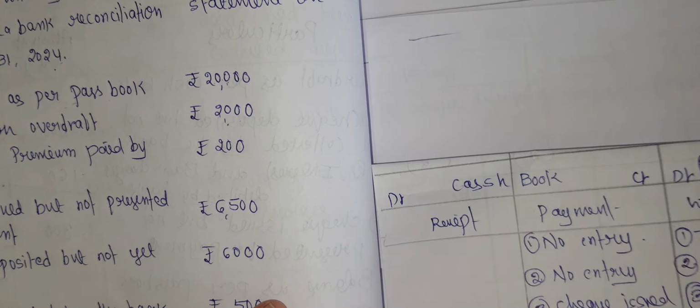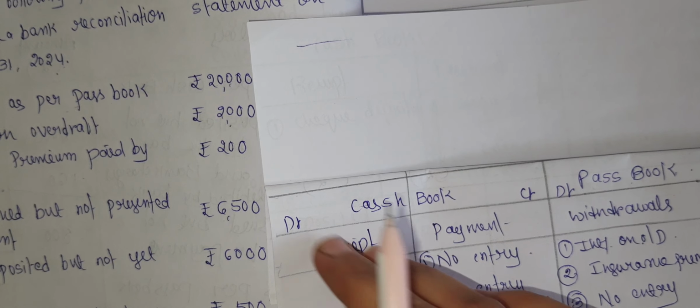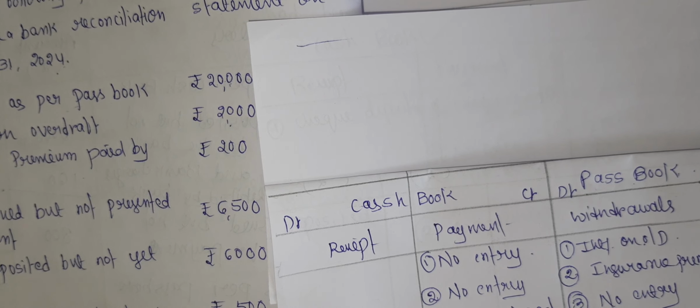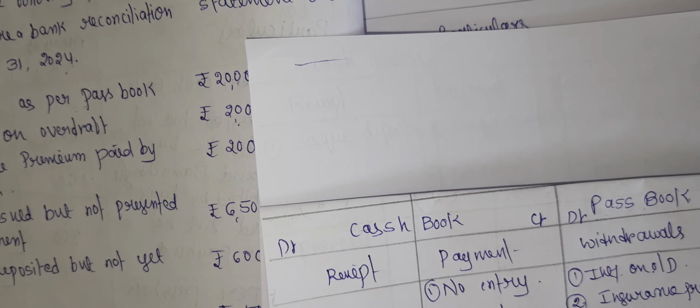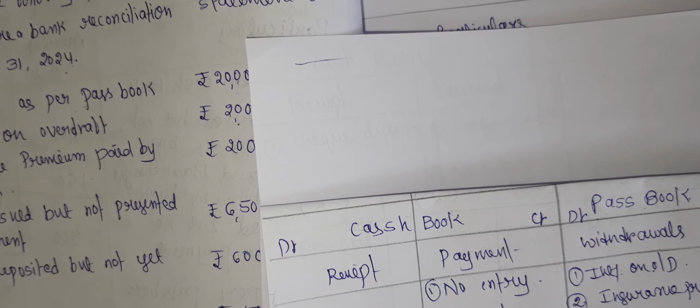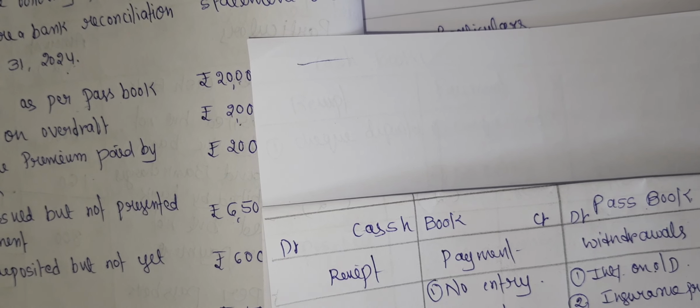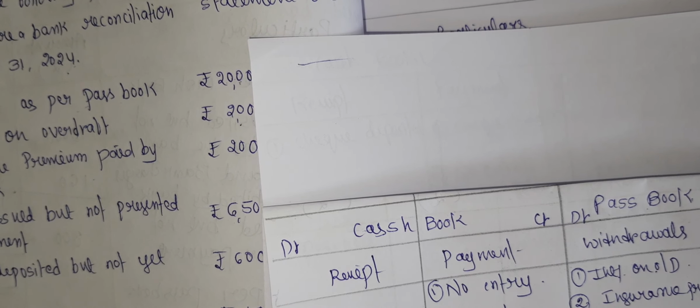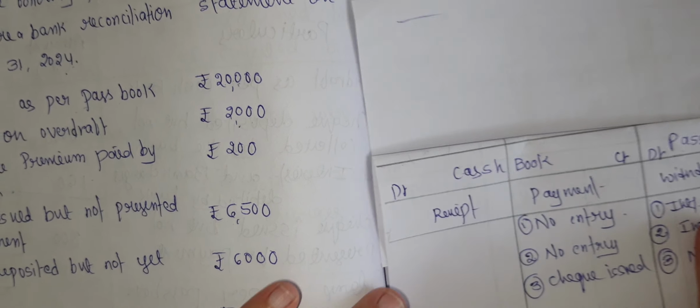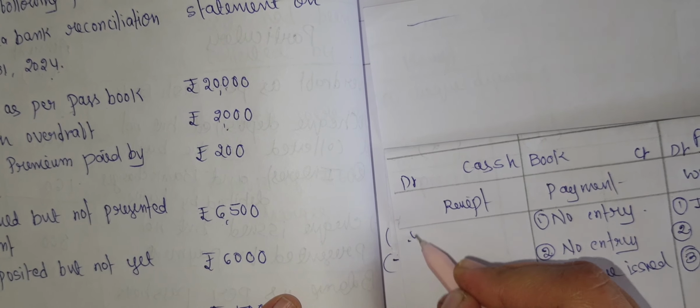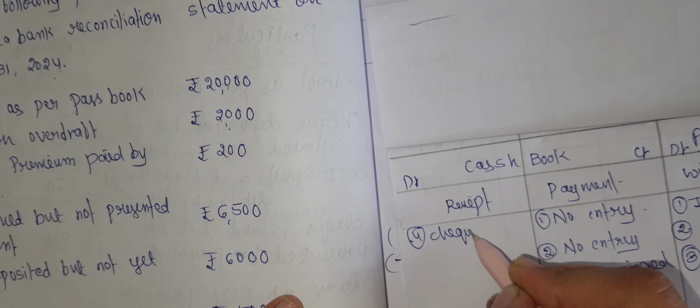Why debit side? Because all the receipts will come in the debit side. Asha and company are receiving the check, and they expect to receive the cash. So in the cash book we need to write down fourth one, check deposited.